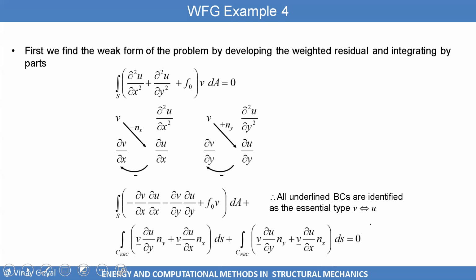And then when you integrate by parts, you will get a portion where essential boundary conditions are specified, a portion where natural boundary conditions are specified. But since the approximation function always has to satisfy the essential boundary conditions, those just always go to zero. And the only thing now you have to make sure is that you can somehow satisfy the natural boundary conditions implicitly if those are given to you.